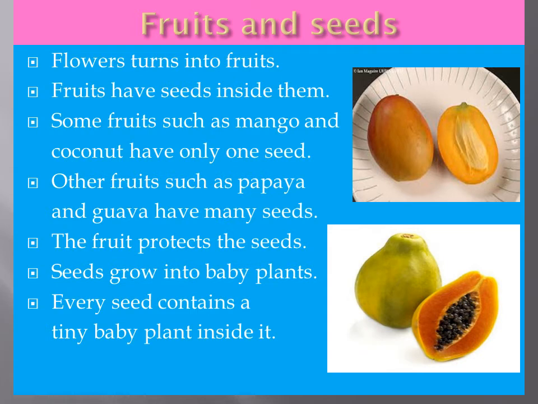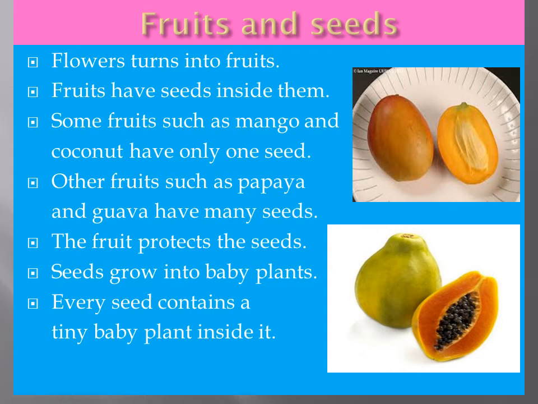Now let's talk about other part of a plant, fruits and seeds. Flowers turn into fruits. Fruits have seeds inside them. Look at the picture. A mango has a big seed.